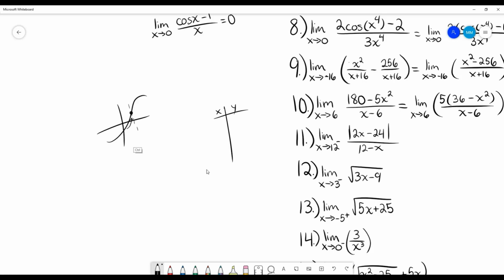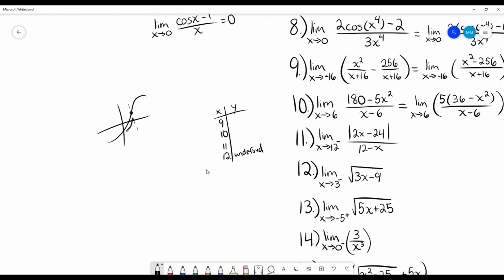So if I want the limit from the left side, I'm going to come in like this, which means I need to start with values smaller than 12. So let's start at maybe 9. We'll do 9, 10, 11, and 12 is obviously undefined.